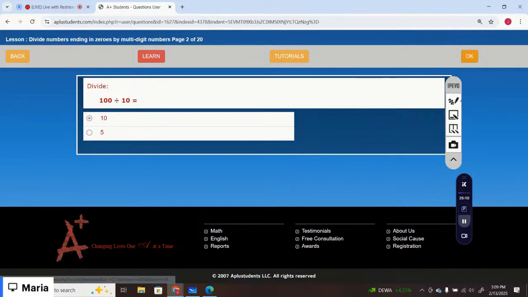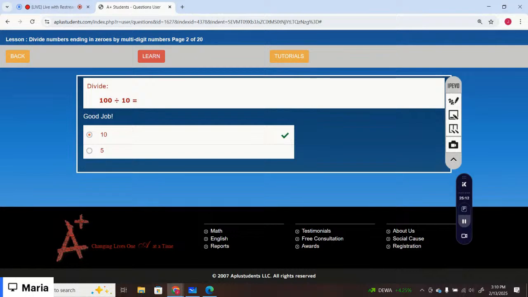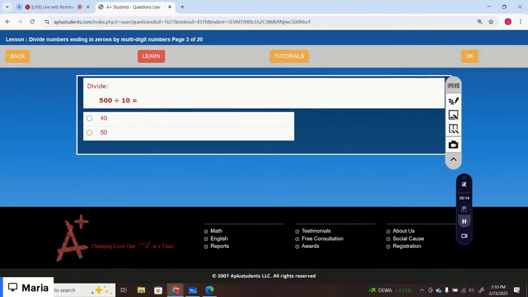Option number 1 is the correct option. 500 divided by 10, which is the correct option. 500 divided by 10 is 50.